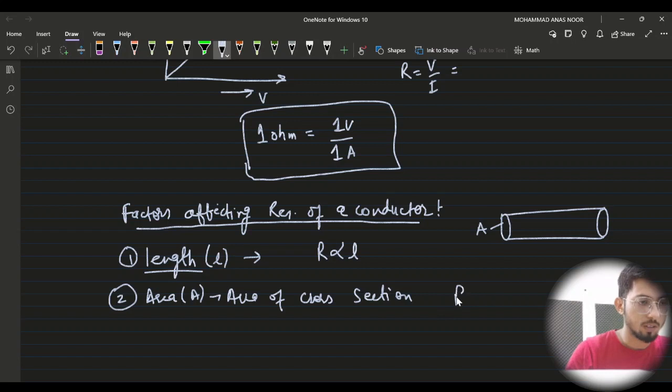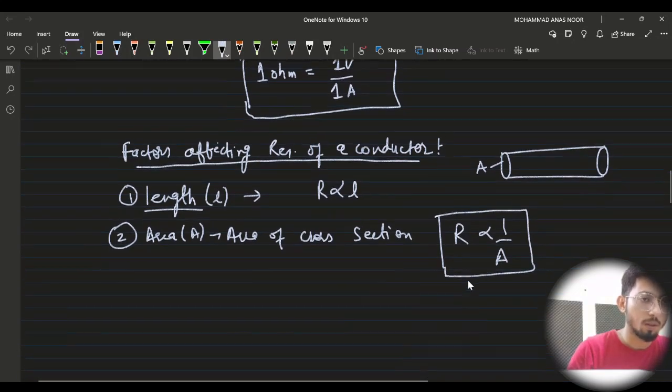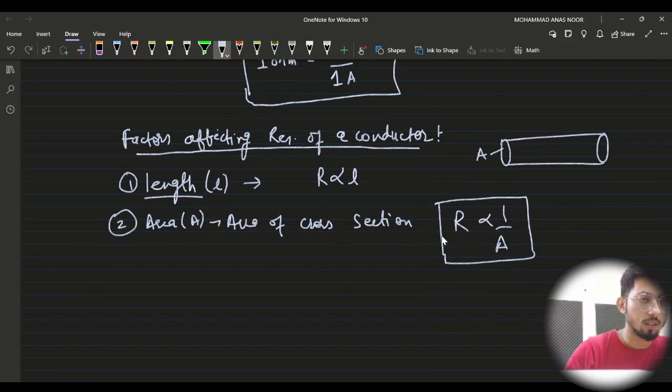Now this resistance is inversely proportional to the A. The more you increase it, the less would be the resistance, because the thicker the wire would be, the lower the collision between the charged particles would be, and then they would be less resistant.